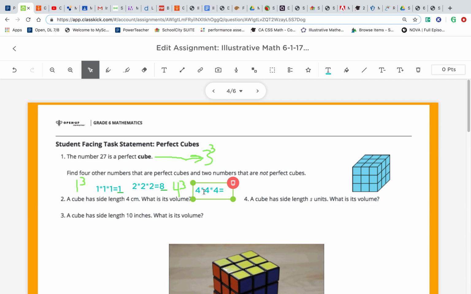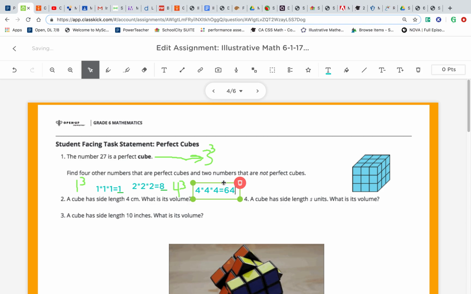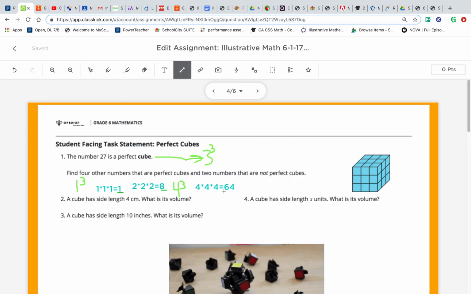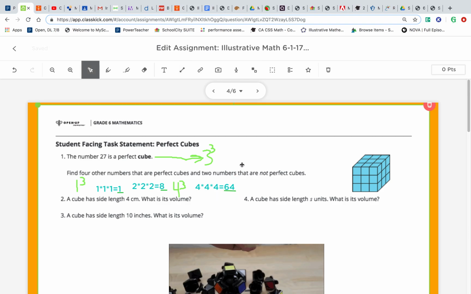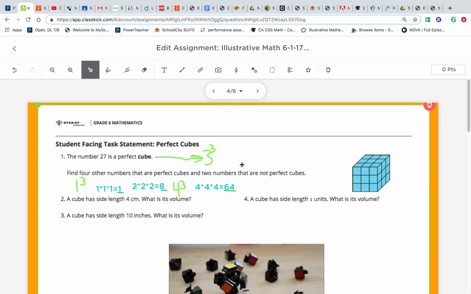And then 16 times 4 is 64. So that means 64 would be another perfect cube. And you can keep going on and on. You can just take whatever number you want and cube it by putting it to the power of 3, and then that will give you the perfect cube.